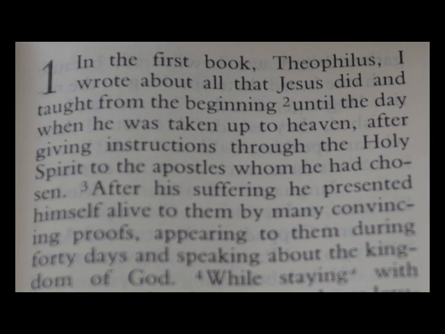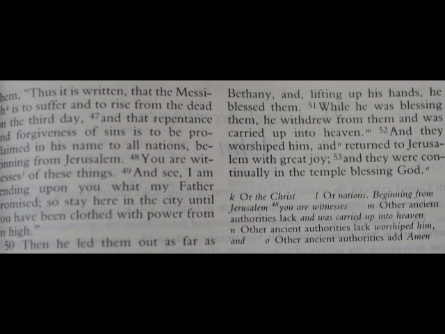According to Acts, Jesus lived after the crucifixion 40 days and then was taken up to heaven. According to Luke, here at 24:50-51, Jesus was uplifted to heaven from Bethany.